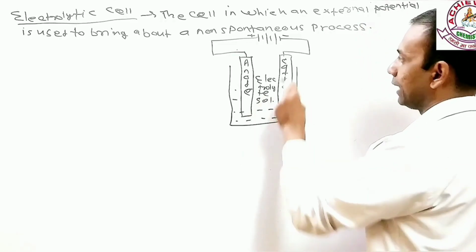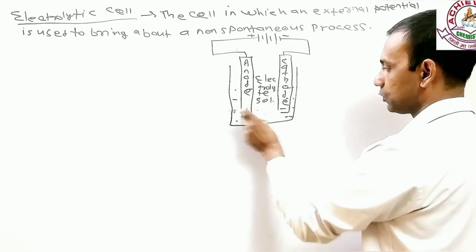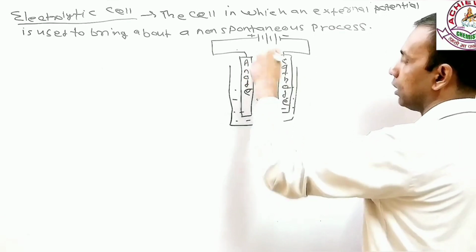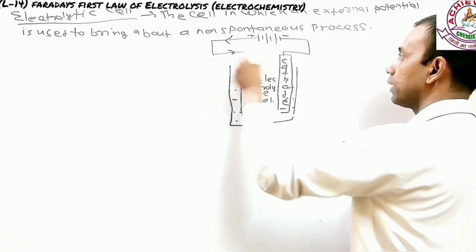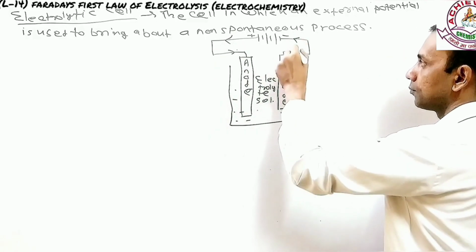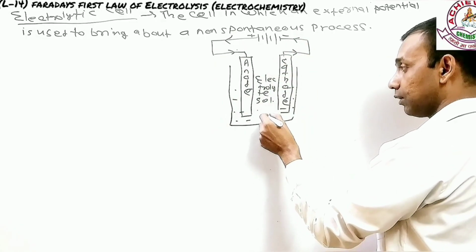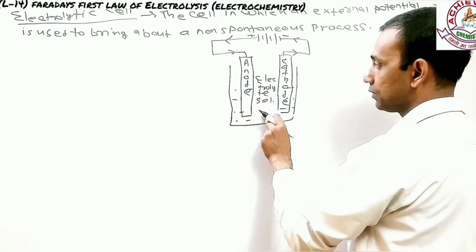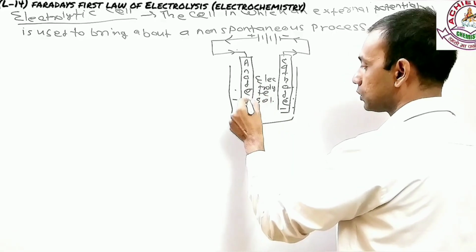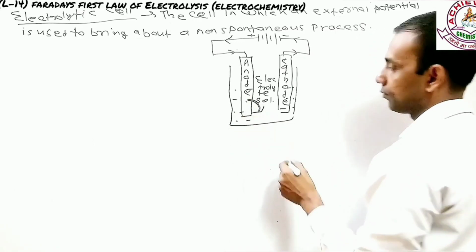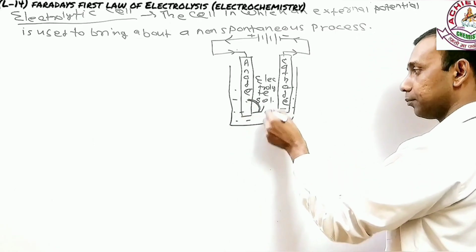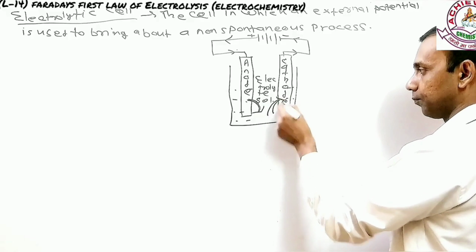So what happened actually when you let the current pass? First thing that happens is that from the anode a certain amount of metal dissolves, and that very same amount of metal deposits on the cathode.